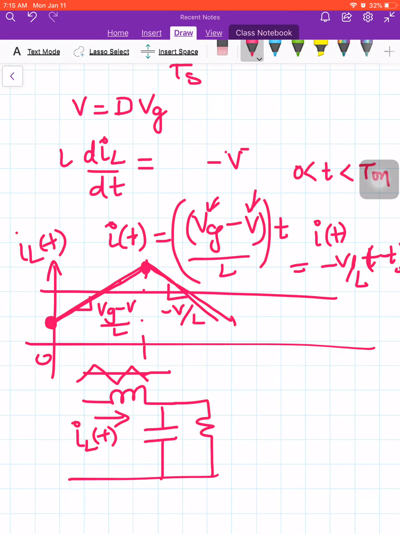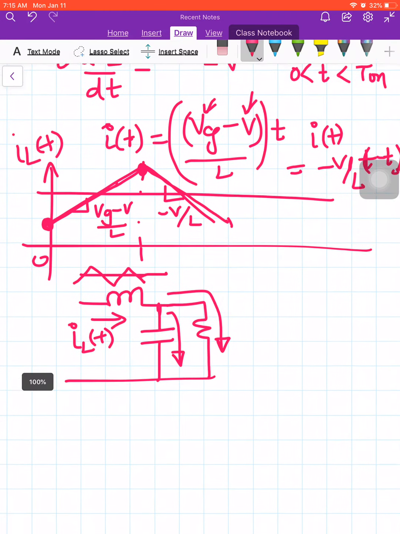So the ripple current should be passing through the capacitor and the DC current should be passing through the resistance. Why? Because the capacitor acts as an open circuit for DC currents, right?